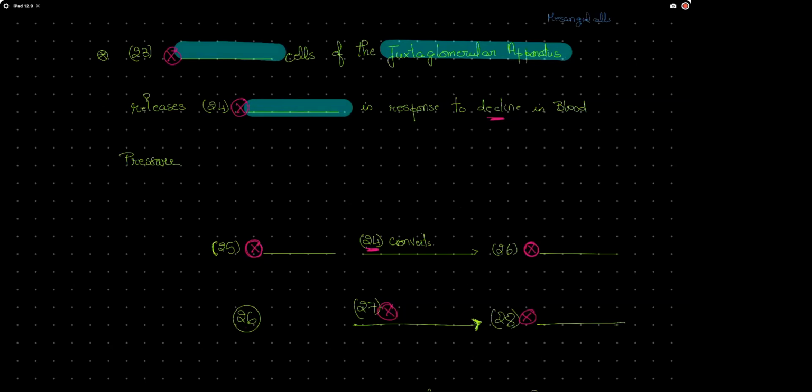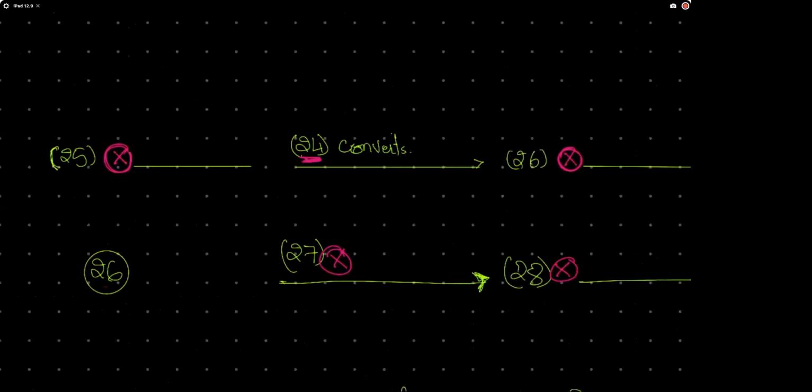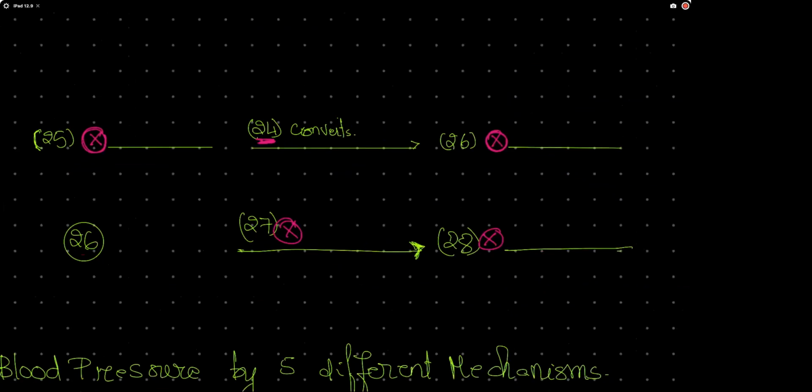This hormone that you've released from this specific type of cells of the juxtaglomerular apparatus is going to be responsible to increase the blood pressure indirectly. It doesn't increase the blood pressure by itself, but instead it converts number 25 to number 26, which is not 100% active.